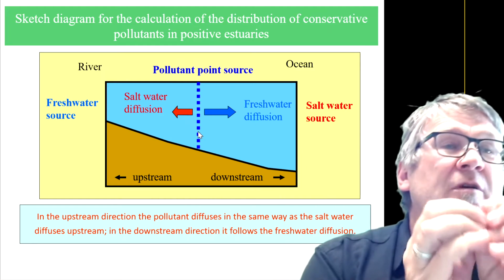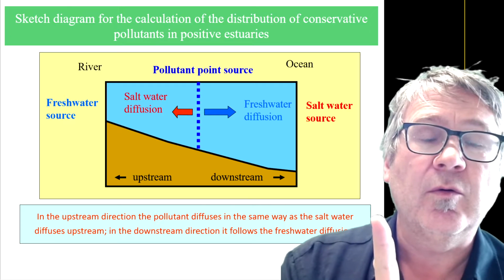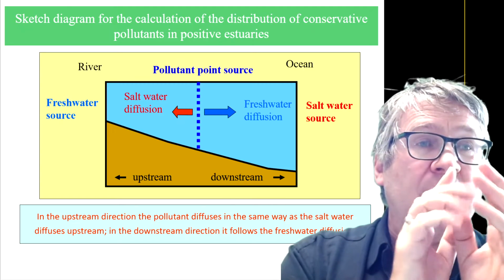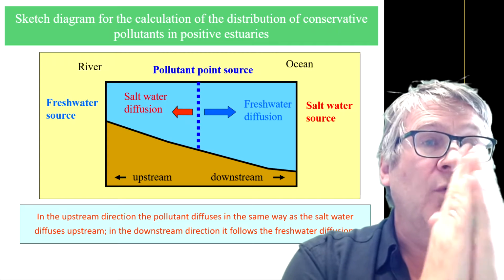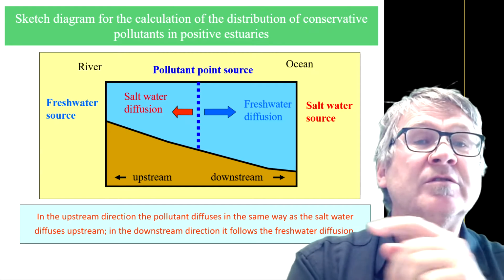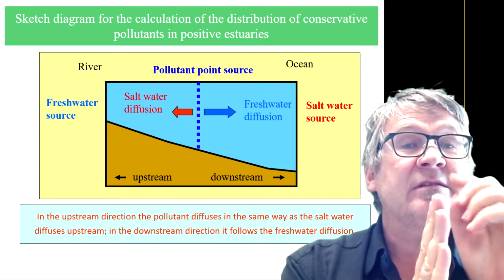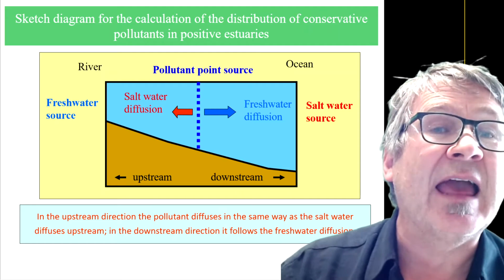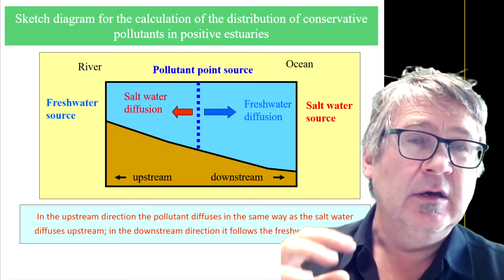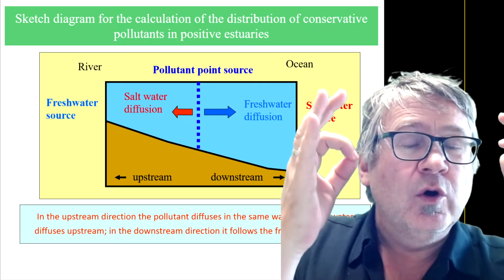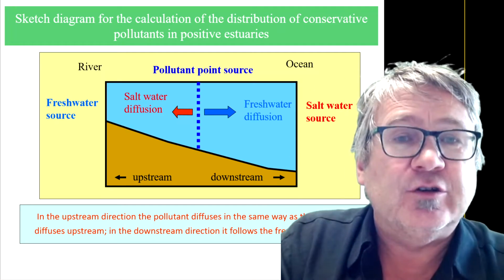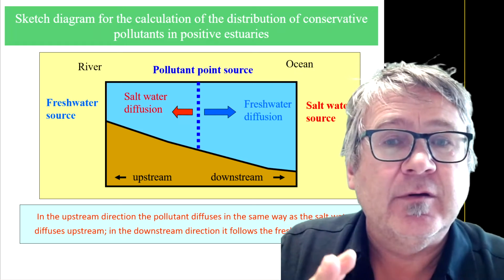Now it depends on which direction you go. Okay? Because the salinity only decreases as you go towards the river, as you go towards the ocean, it actually increases. So you have to change a little bit what you consider as a reference.